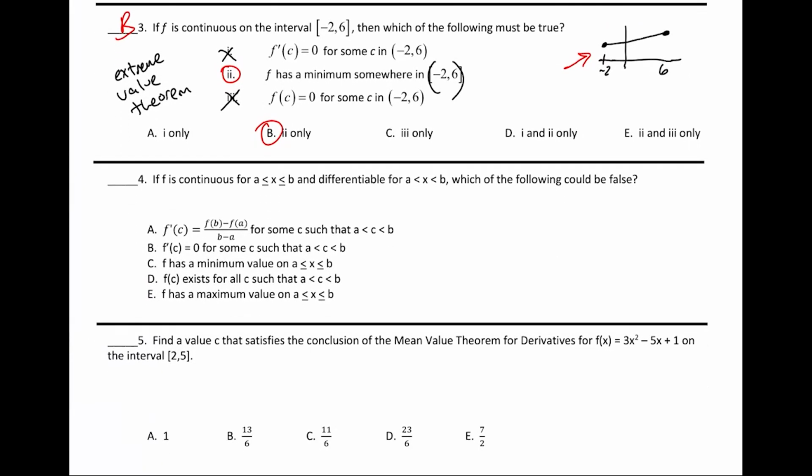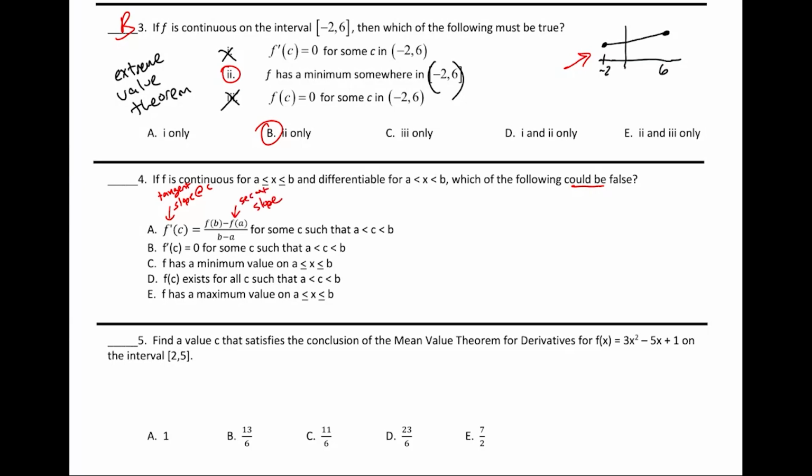4 says if f is continuous between a and b and differentiable between a and b, exclusive, which of the following could be false? So could be, meaning not necessarily, but is possible to be false. So A says f prime of c equals, so this is the slope of the tangent line. So the tangent slope at c is equal to the secant slope.